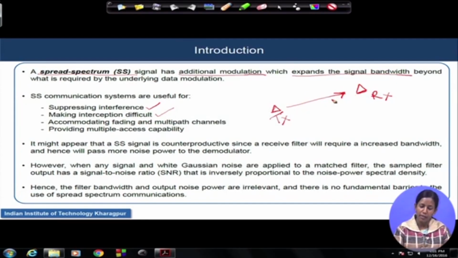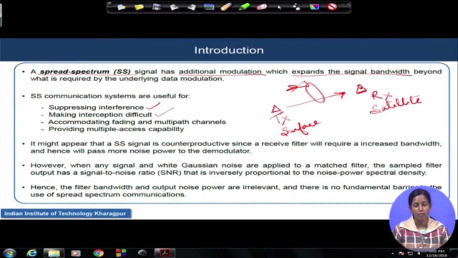Take an example of a satellite communication going on from the ground surface to the intended satellite receiver, and there is a flight going on, which is actually an enemy flight, and he has a communication system inside, and his task is to detect whether some communication is going on from the surface to the satellite or not.